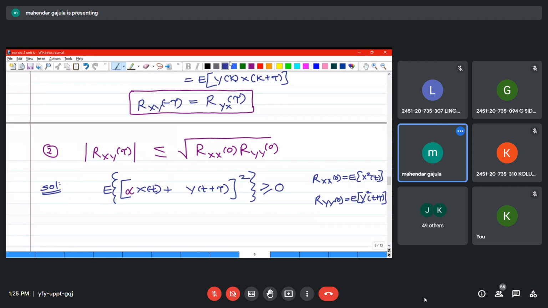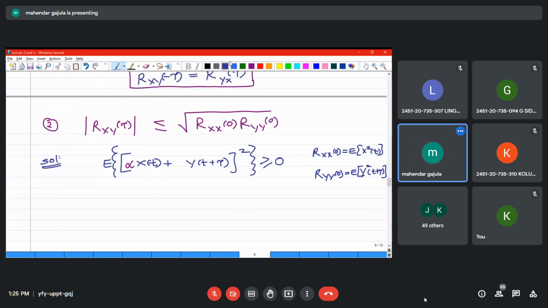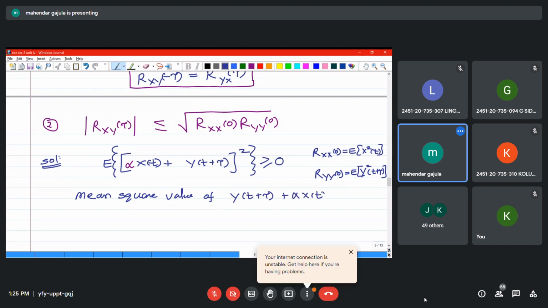I have written mean square value of yt plus tau plus alpha xt. The above statement is this one.